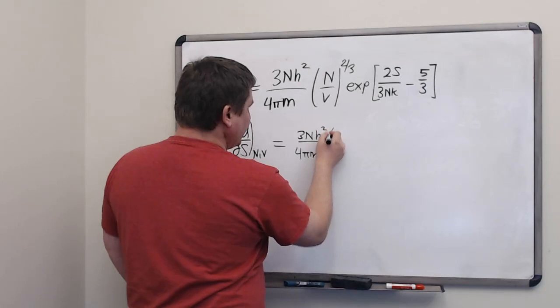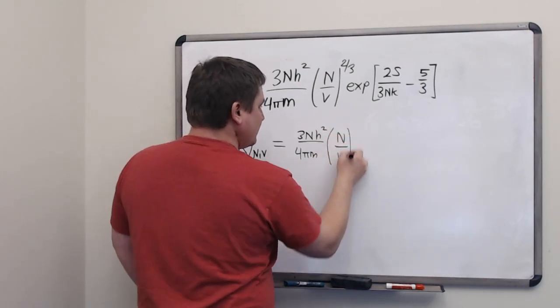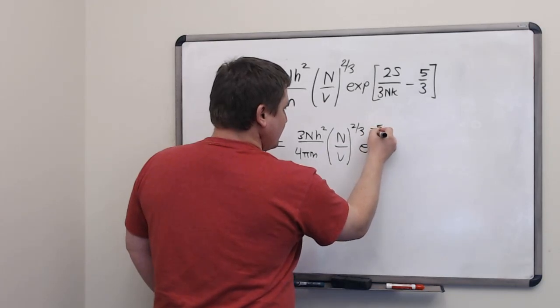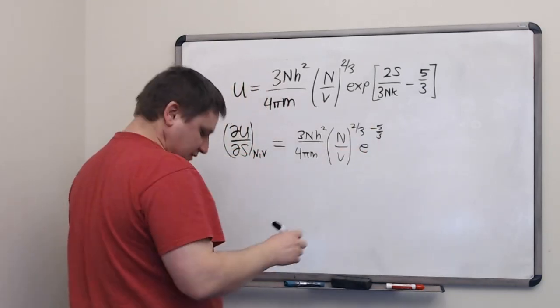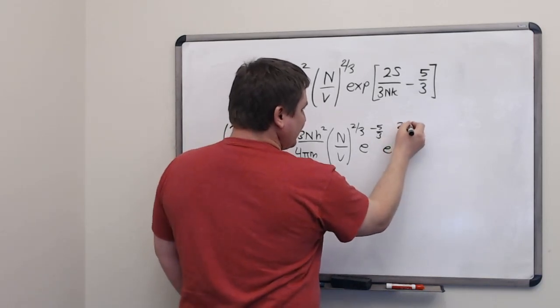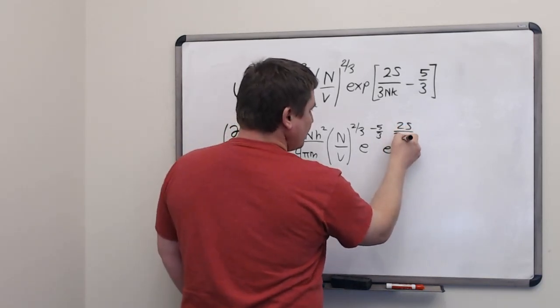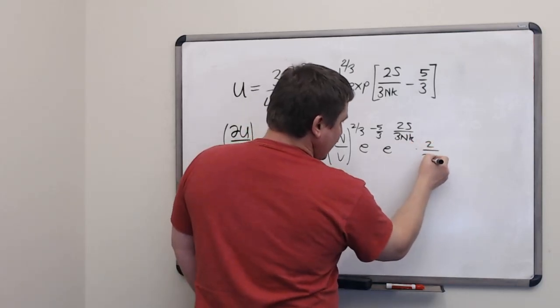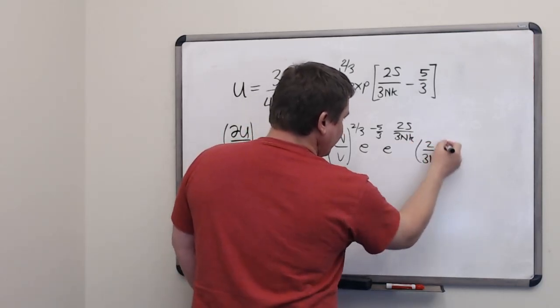Essentially, this is all treated as a constant, even though it looks pretty gnarly, even this exponential of negative 5/3. The derivative of an exponential is itself multiplied by anything that comes from doing the chain rule.